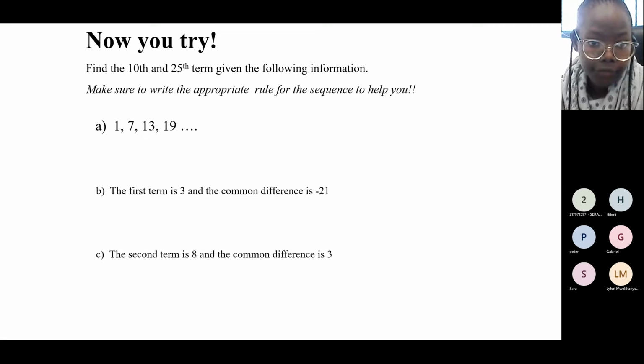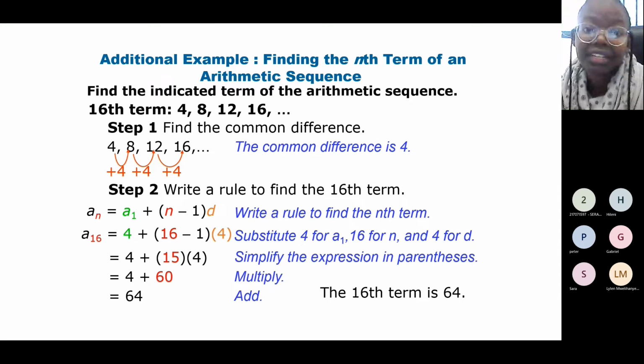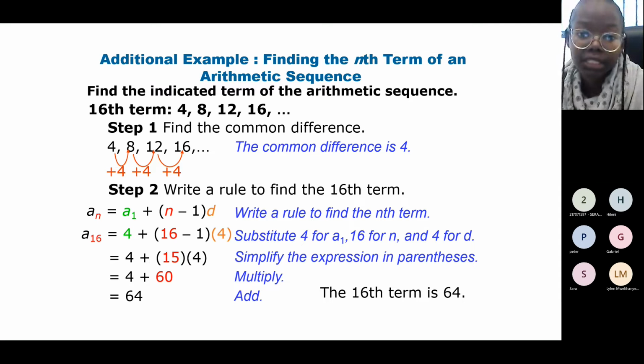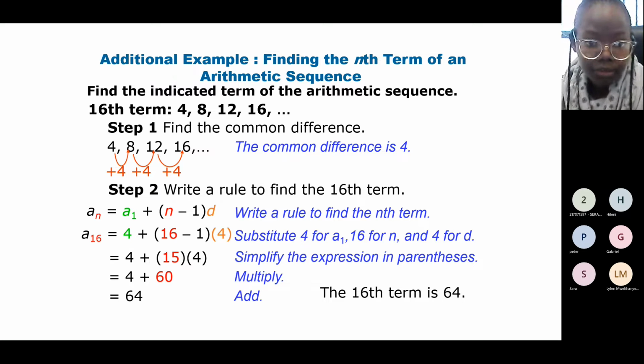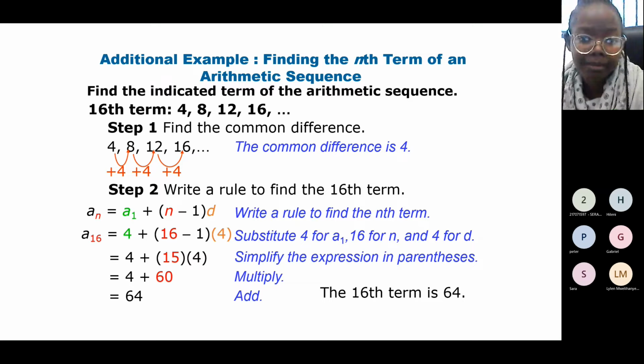Okay, moving on is finding the nth terms of an arithmetic sequence. We are still on finding the arithmetic term, which we do by first finding the common difference. The common difference there is 4, and then you write the rule to find the 16th term using the formula an is equal to a1 plus n minus 1 times d, and then you substitute, and then you get your nth term.